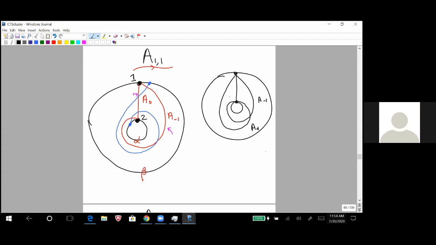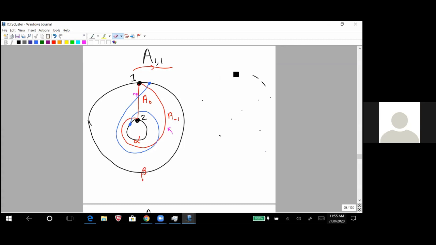So notice that if I mutate at A minus 1, so if I began with A0 and A minus 1, if I mutate at A minus 1, that means that I should remove A minus 1 and add an arc that I'm now allowed to add that I wasn't allowed to add before, right?